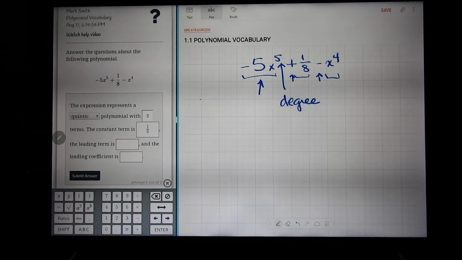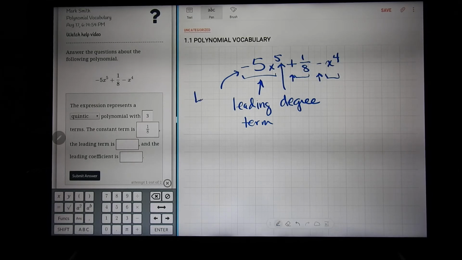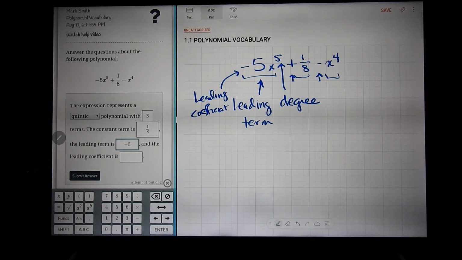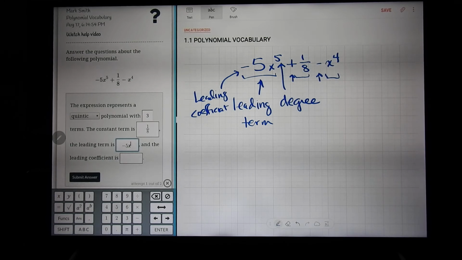Anyway, the term with the highest exponent is called the leading term, and the coefficient is called the leading coefficient. So in this case, the leading term is negative 5x to the 5th power, and the leading coefficient is what's in front of that, which is a negative 5.